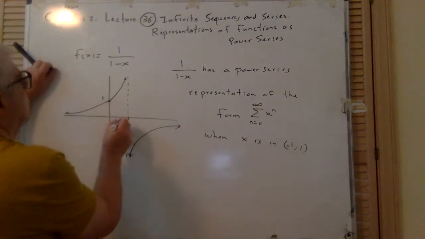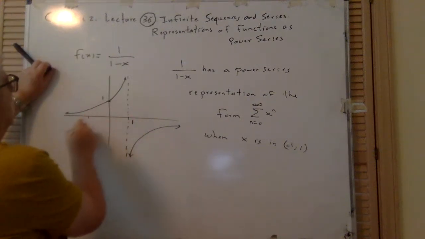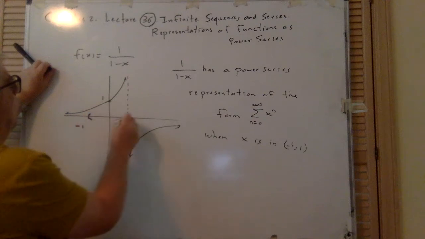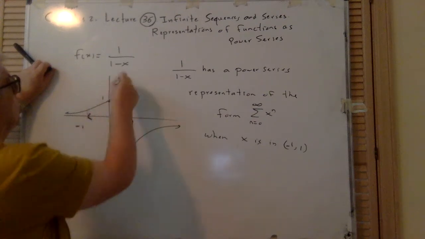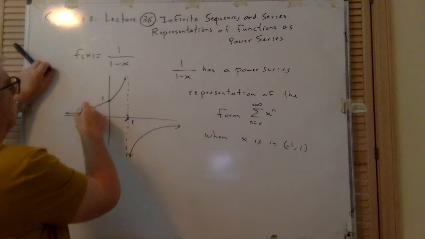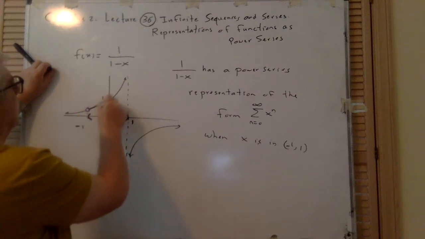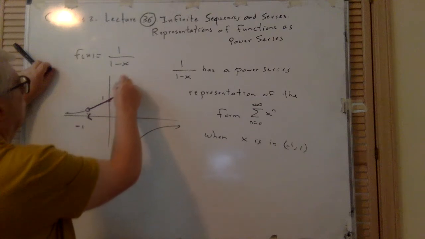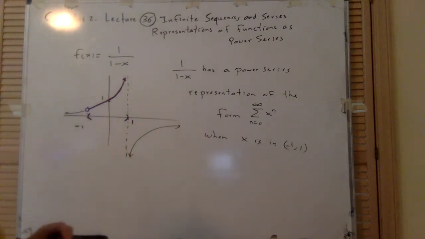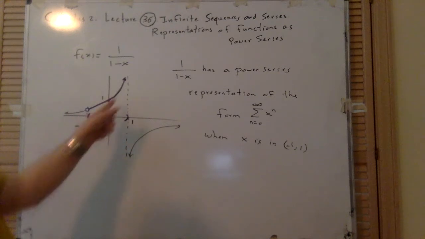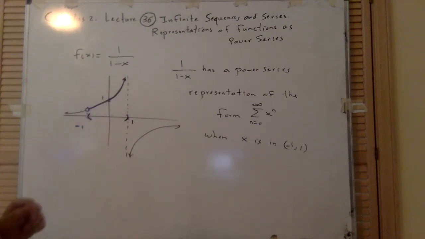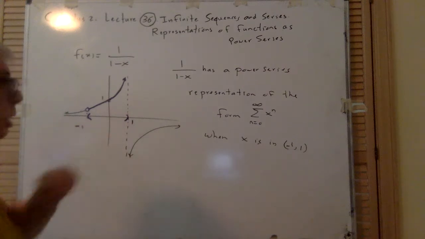So what is this interval? This is point 1 and negative 1 is here. So over this interval, which is simply this much of the function, and it doesn't include this point, the function has a power series representation, not outside.